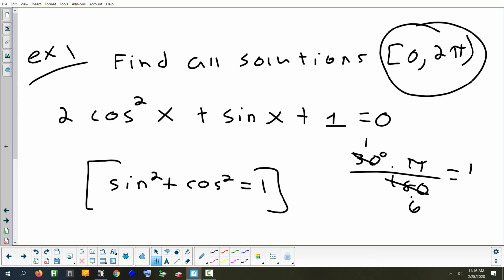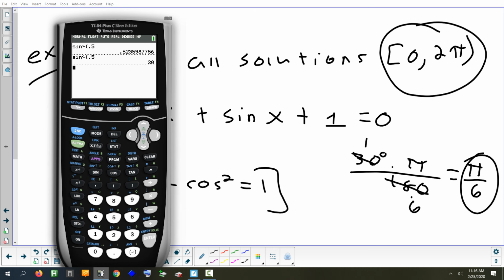So when I convert 30 degrees into radians by hand, I get pi over 6. Now, type that in, watch what you get. Pi over 6 is the decimal 0.52359.